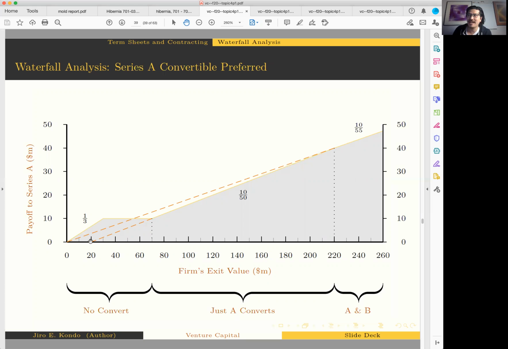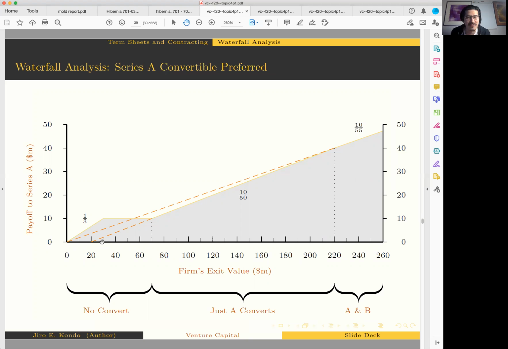So what does Series A get? Well, from 0 to 30 million, how much total liquidation preference is there in the company? There's 10 million to Series A and there's 20 million to Series B, correct? So there's a total of 30 million, and it's equal seniority between A and B. So what that means is from 0 to 30, because Series A has 1/3 of the total liquidation preference, they have 10 out of the 30, correct?